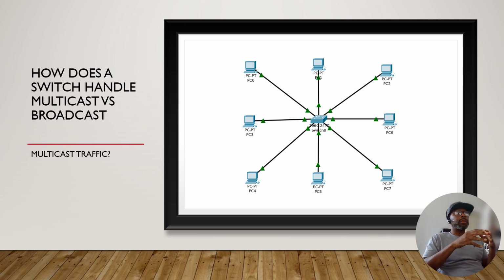So one thing I want to talk about is that for the switch not to flood multicast traffic, we must enable IGMP snooping for the VLAN or subnet. Explaining again, why does the switch flood the multicast traffic?